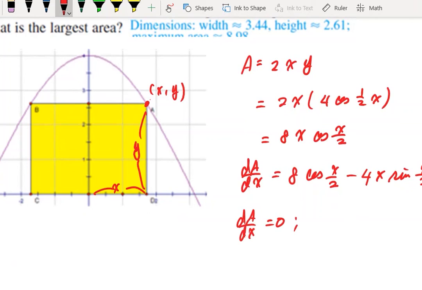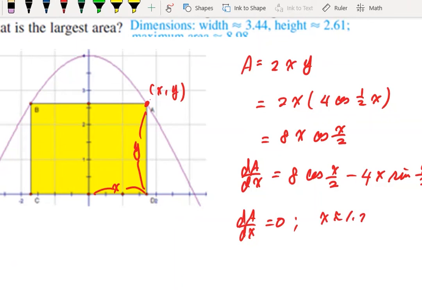That means, now how do you solve this? You can't. Right? So we do it with a calculator. So my x should be 1.